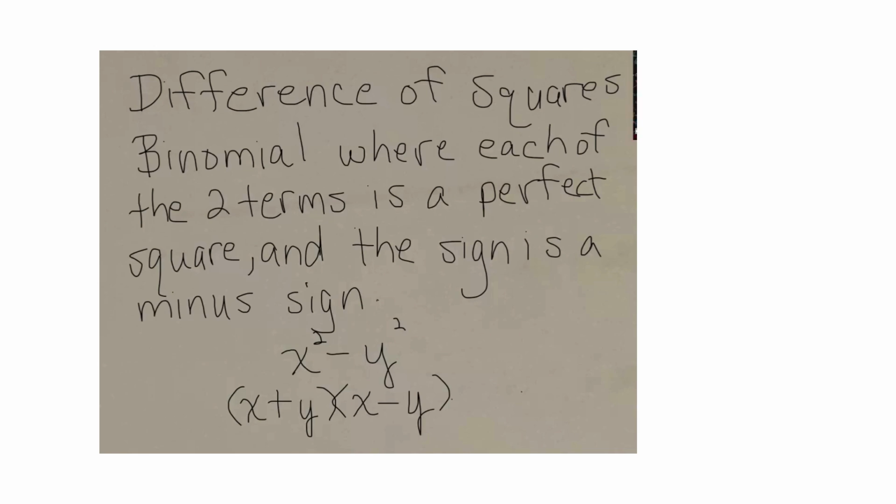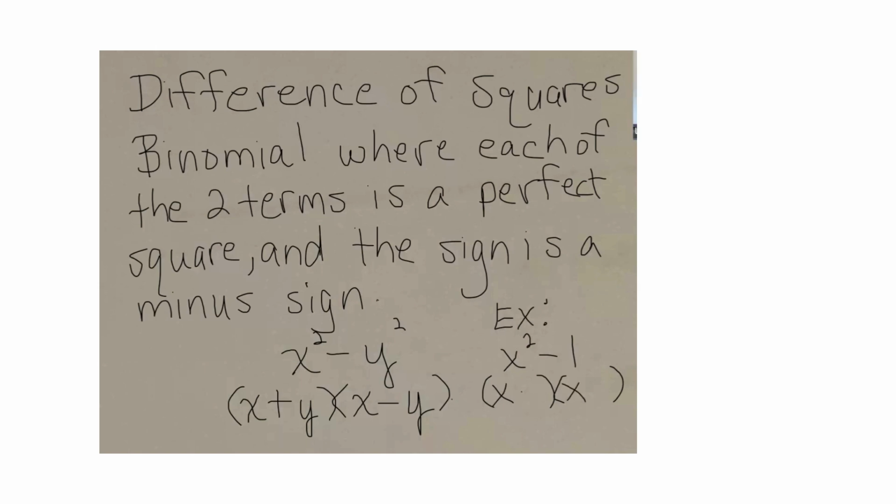I'll show you a couple of examples. Say we have x squared minus 1, and 1 is a perfect square. So that is just x plus the square root of x squared is x, so it goes there.